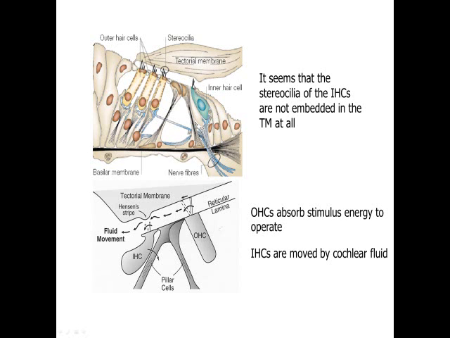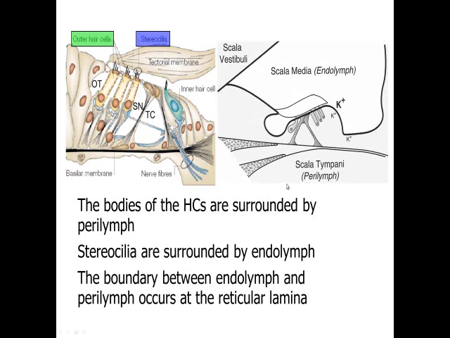These gates typically remain closed, but when a sound is presented and the stereocilia start to get pushed against the tectorial membrane, the gates open and the ions flow into these sensory cells. The flow of the ions into the sensory cells changes the voltage inside the sensory cells, and in response to that change in voltage, the sensory cells communicate with these nerve fibers and stimulate them, thereby generating nerve impulses.